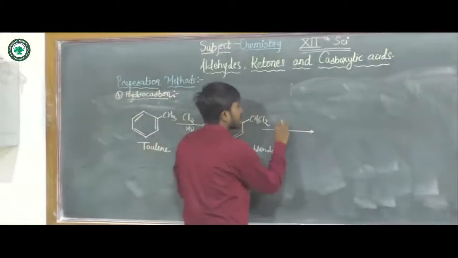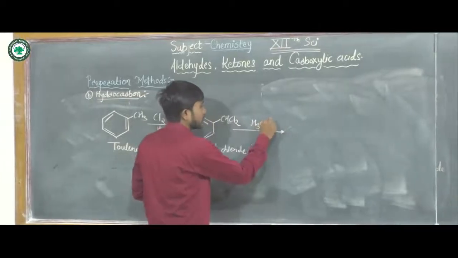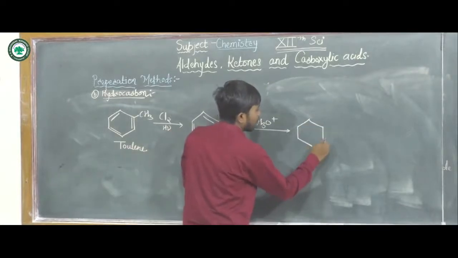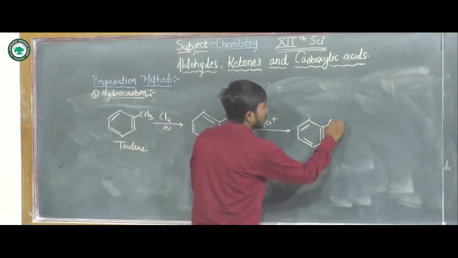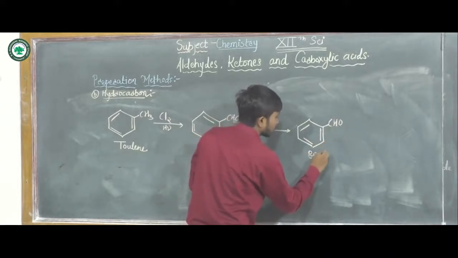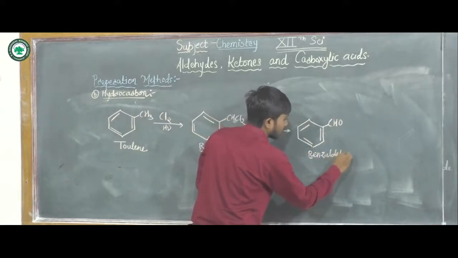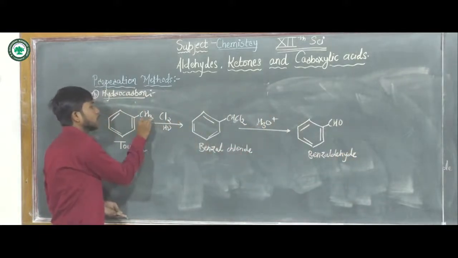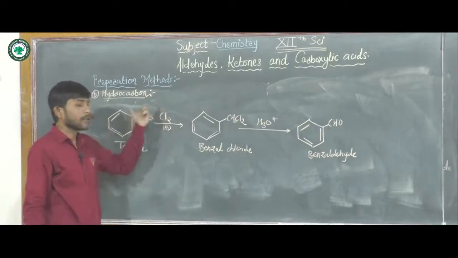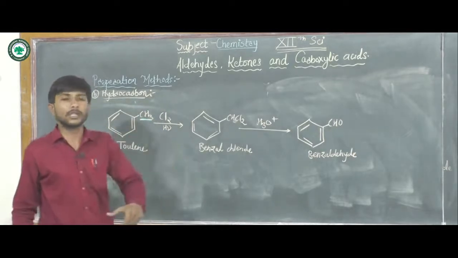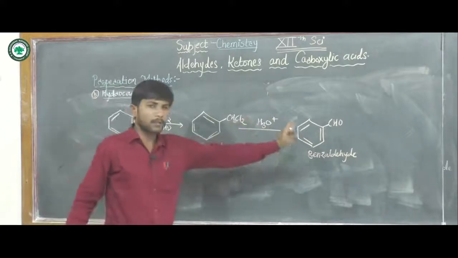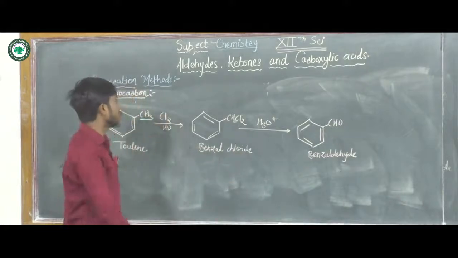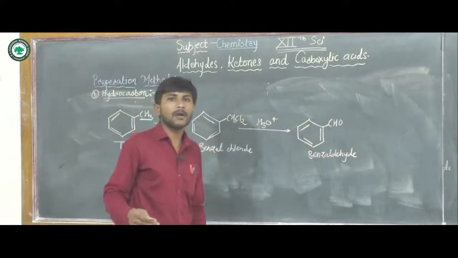This on acid hydrolysis gets converted to benzaldehyde. It is our desired product. Here the chlorination of the side chain, which is that methyl group in the methyl arene, undergoes chlorination and there is a formation of benzaldehyde. The intermediate benzyl chloride is formed. This one is the commercial method for the preparation of benzaldehyde.